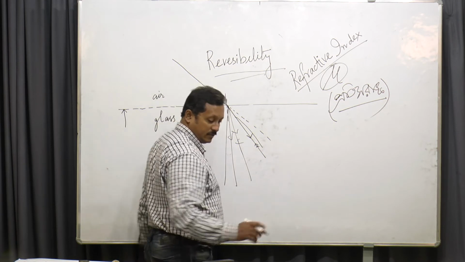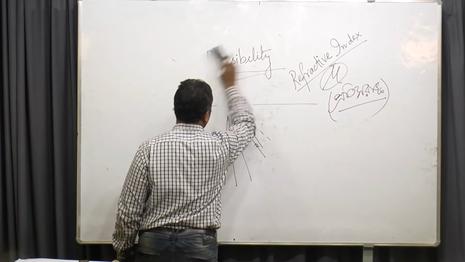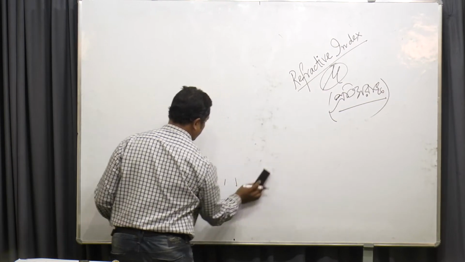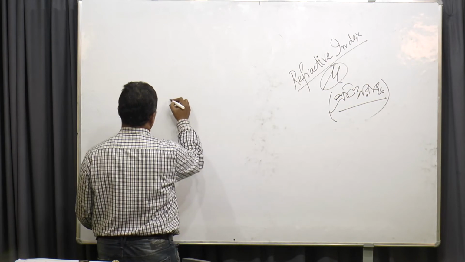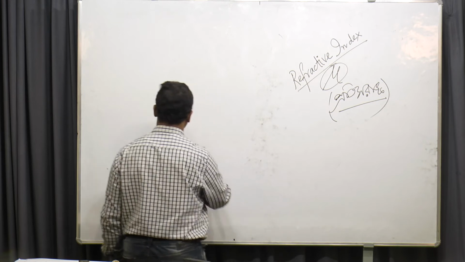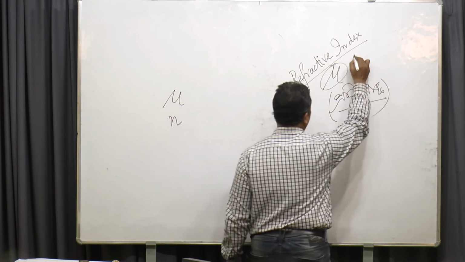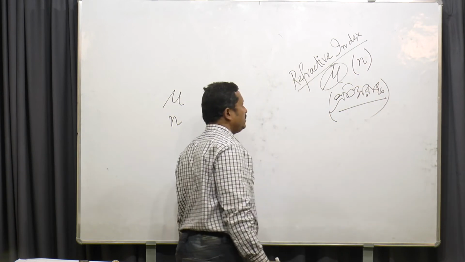Now the mu has a very beautiful definition. Mu is, in your books it is also written as n. In the NCERT textbook it is written n.